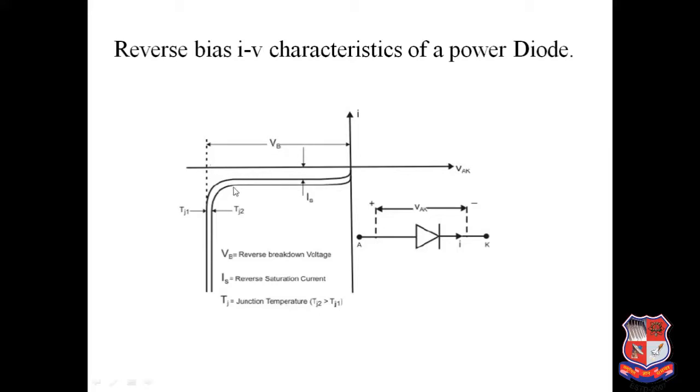And after that, when you keep increasing the reverse voltage, it will saturate the PN junction, and a sudden breakdown will occur, and there is a rapid increase in the reverse current. So this is nothing but the reverse characteristic.